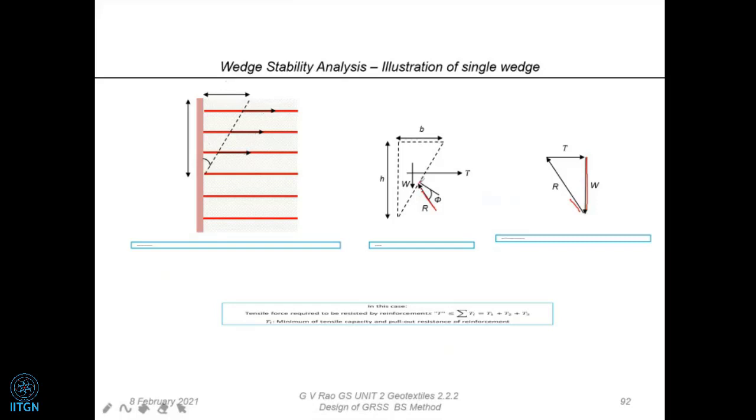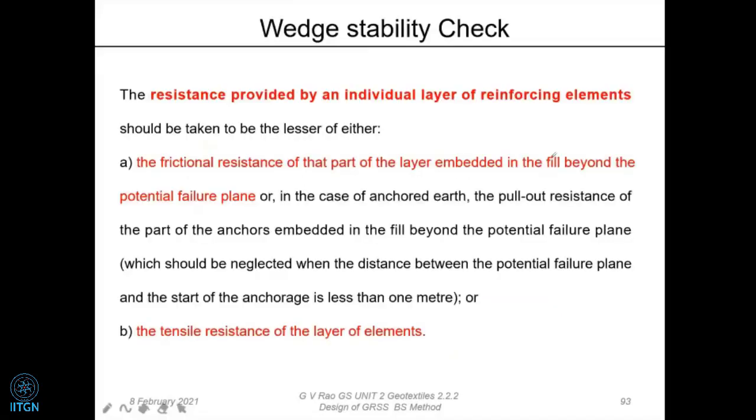That means for this normal, we draw this line at φ. So draw a line parallel to this R. And then, of course, from here, we also draw a horizontal line because the tension is going to be horizontal only. That's where we place it. So we are going to get the value of T. Okay, so for each assumed potential failure line or slip line, we are going to draw this. So what is it we are going to do? The resistance provided by the individual layer of reinforced elements should be taken as, we already said, friction and tension.